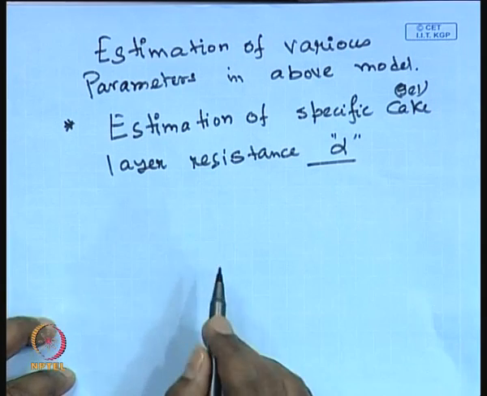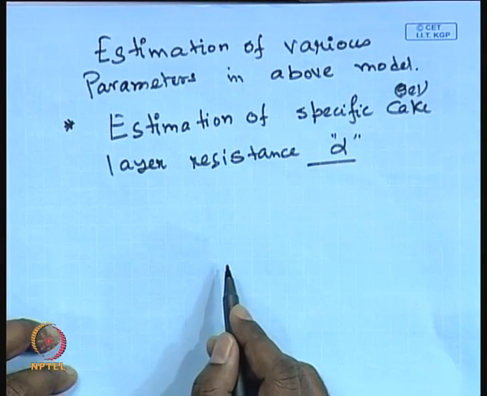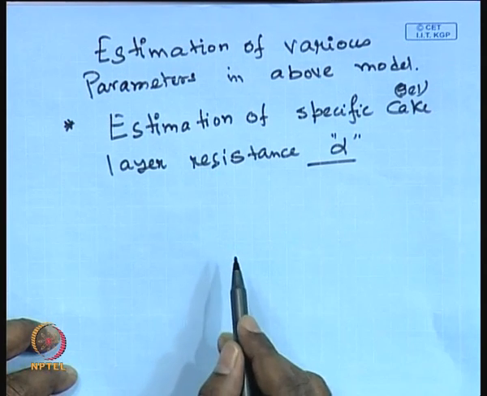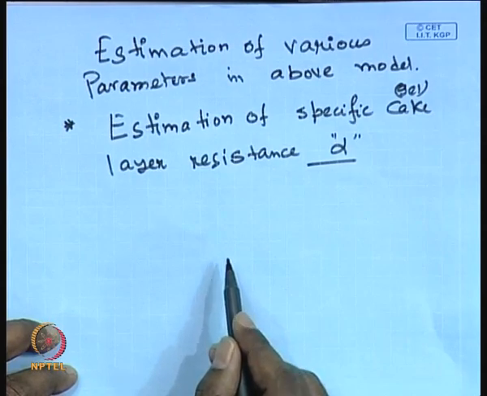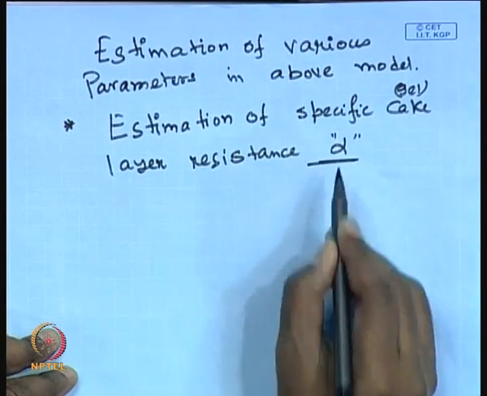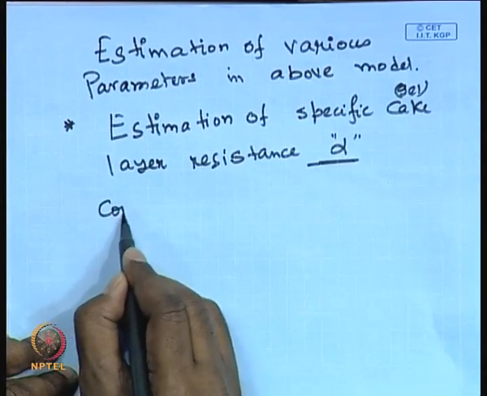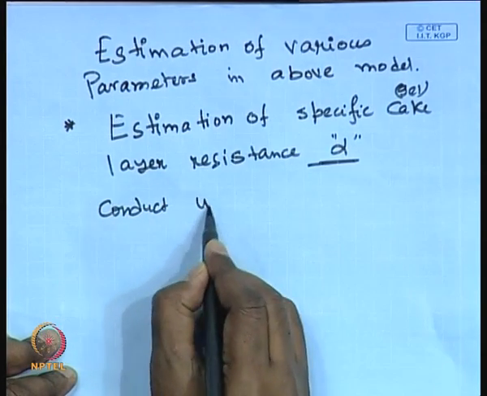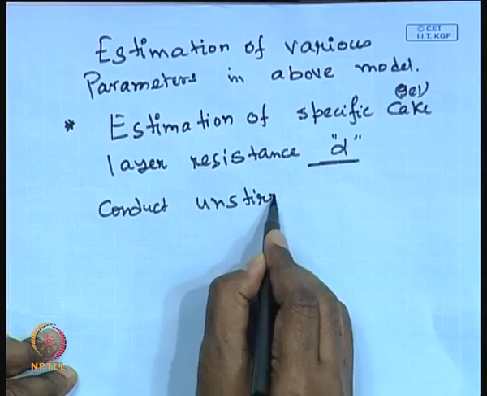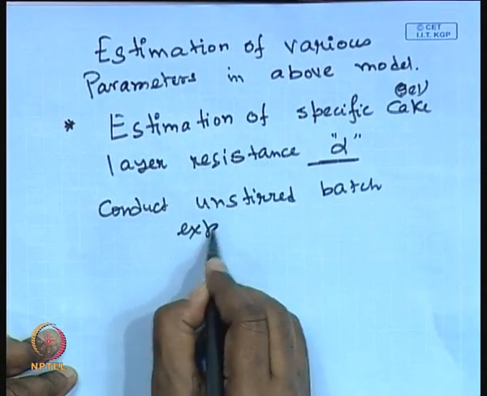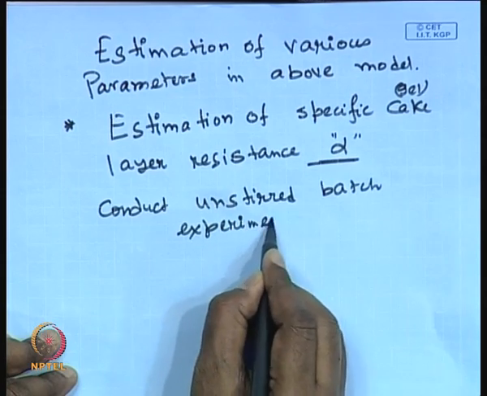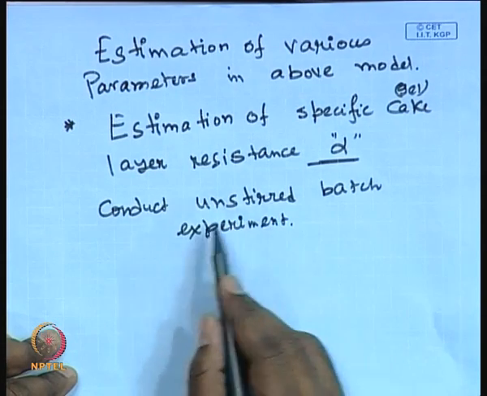Okay. So, for that what we have to do? We have to conduct one unstirred batch experiment like earlier. That is very important. That is the importance of conduction of unstirred batch experiments. Okay. So, to estimate alpha, we will conduct an unstirred batch experiment with this gel forming solute, and this is very simple.